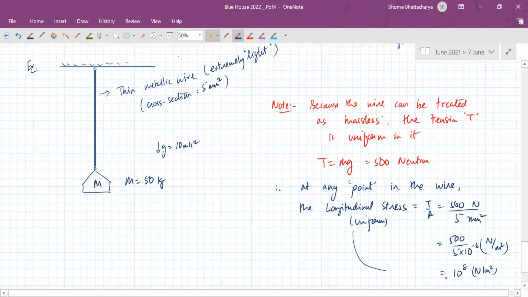So there is a uniform longitudinal stress at all points, which is equal to this. But of course, that is happening because this is massless, because we can treat it like massless because it's extremely light and it has a uniform cross section. There's a uniform cross section like this.